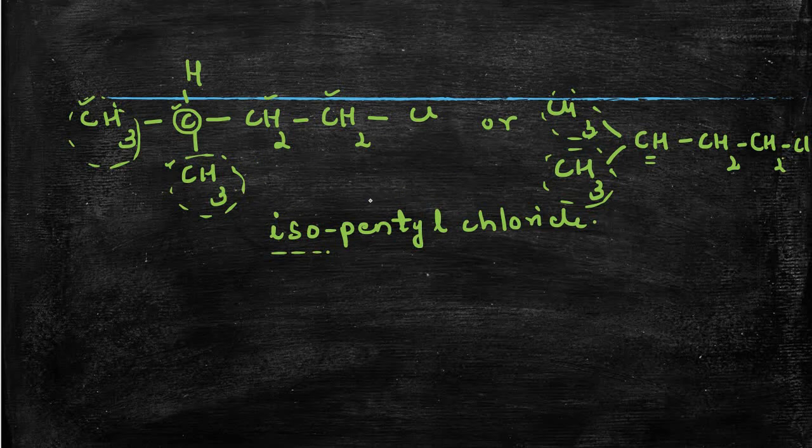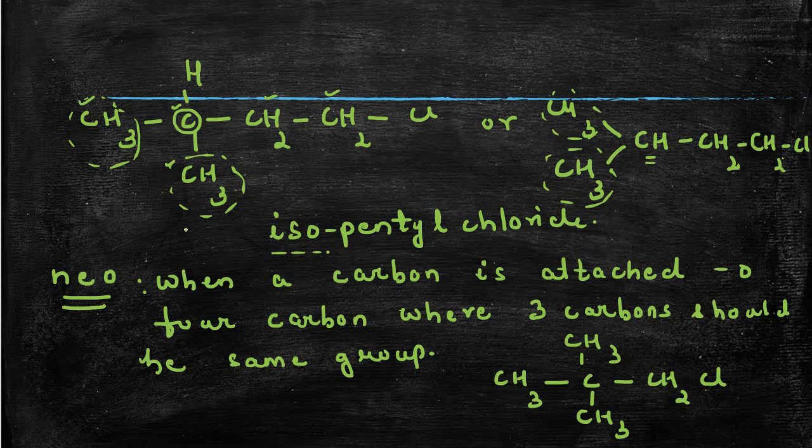Now how to name this alkyl halide? While writing the common name, we have to count the number of carbon atoms that are present. Now let us see when we are using the word neo. We use neo when a carbon is attached to 4 carbons, where 3 of them should be the same group, for example methyl.